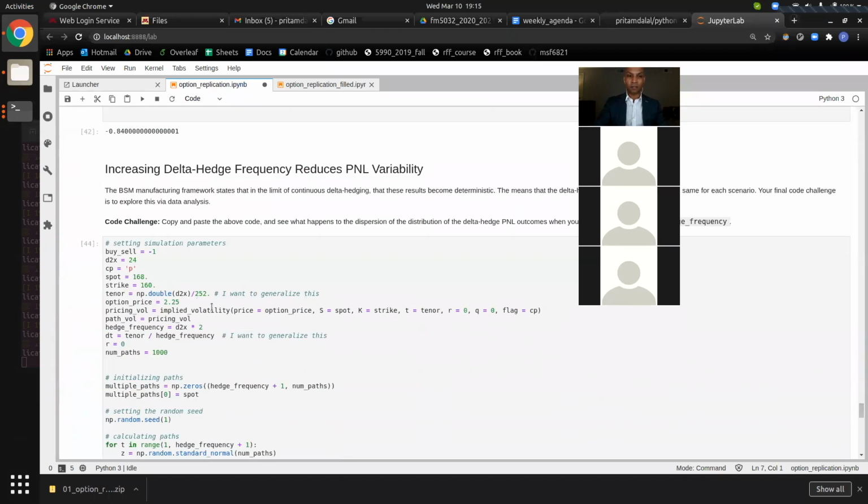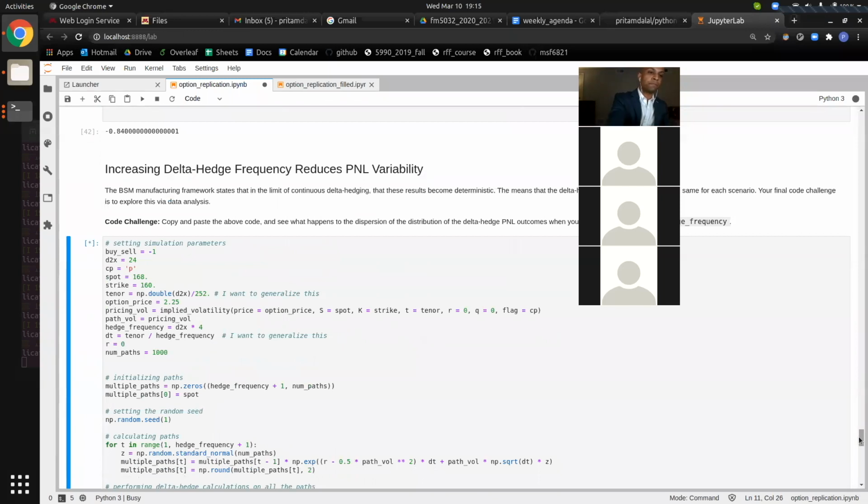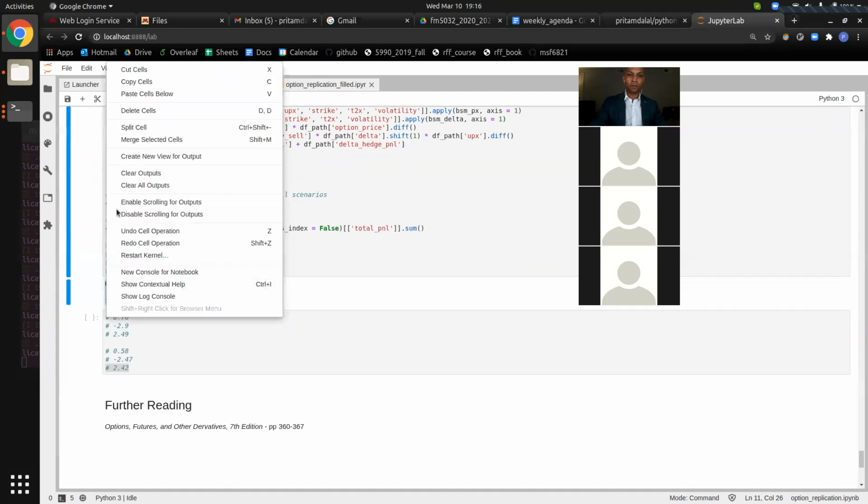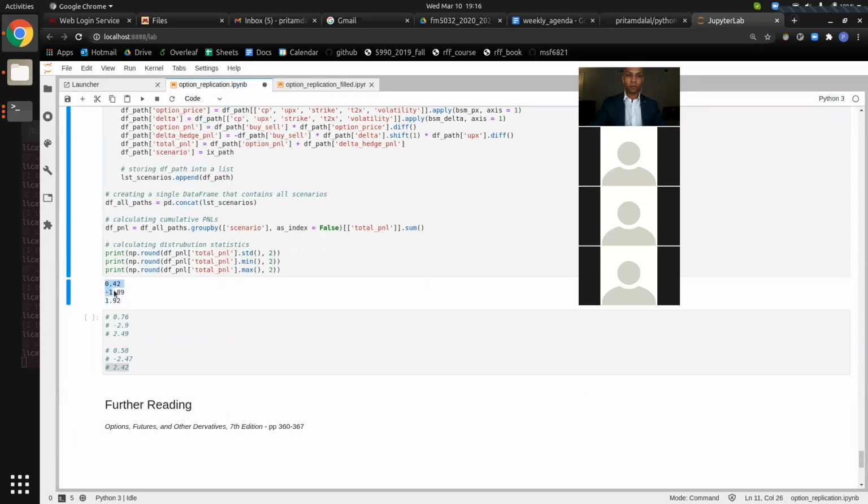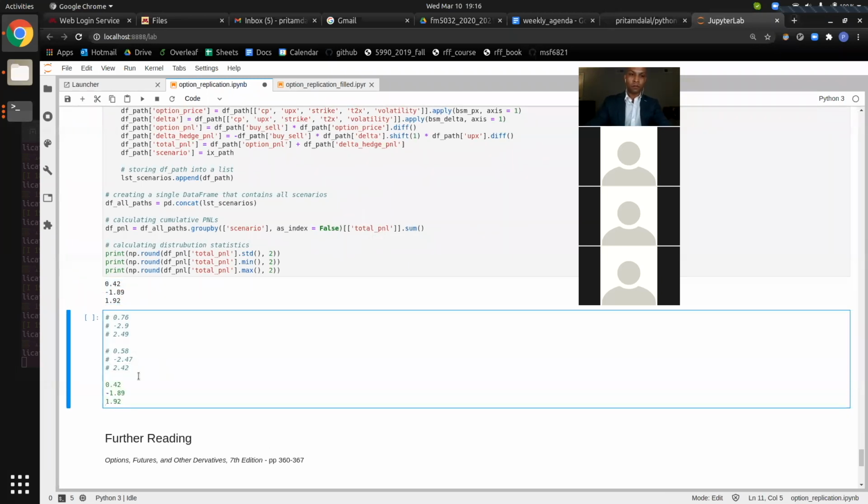Let's go ahead and quadruple just to see the pattern. And that's for quadruple, and you see everything's going down as you would expect.